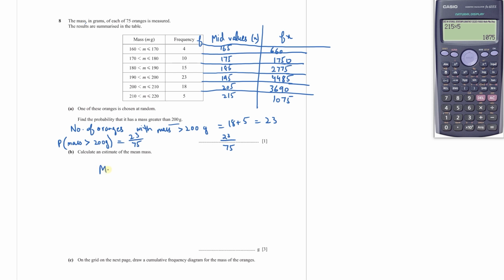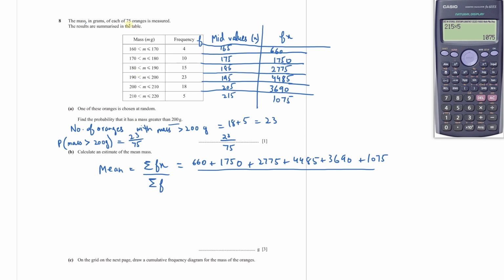So your mean value will be sigma fx, which means you add all these products of f times x, divided by sigma f, which is the sum of all these frequencies. So sigma fx will be 660 plus 1750 plus 2775 plus 4485 plus 3690 plus 1075, and divided by the sum of all frequencies, which is basically the total number of oranges, 75.